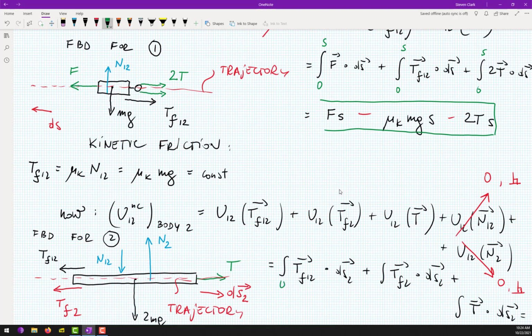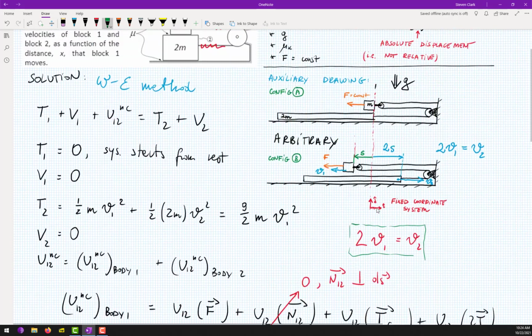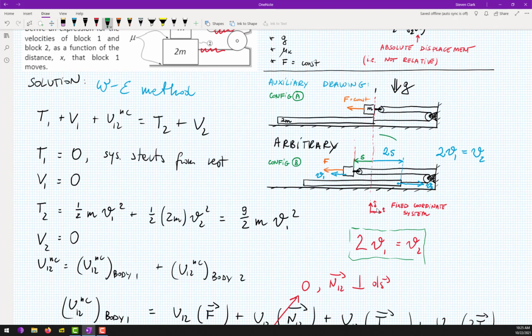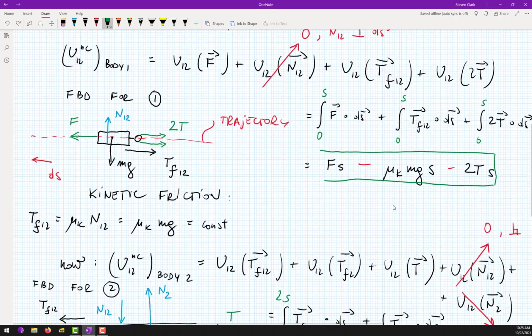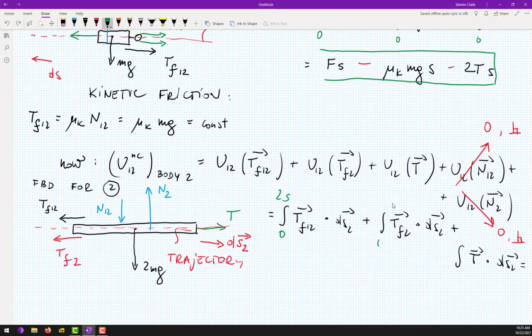Yeah, it's from 0 to s, but one number is missing. Yes, exactly. And why? Because if you look at that drawing, you can clearly see this blue vector. The big guy is moving by 2s. That's why these are our integration bounds. Thank you. From 0 to 2s everywhere.